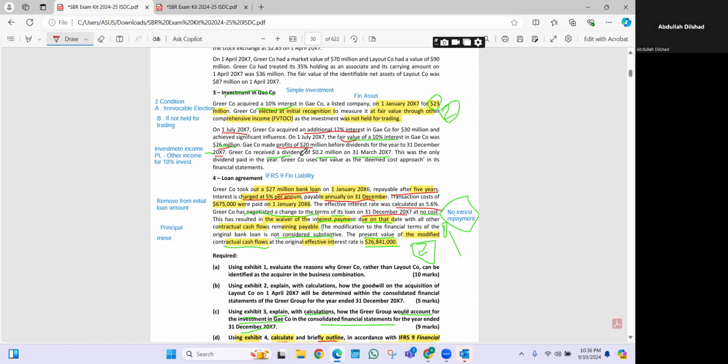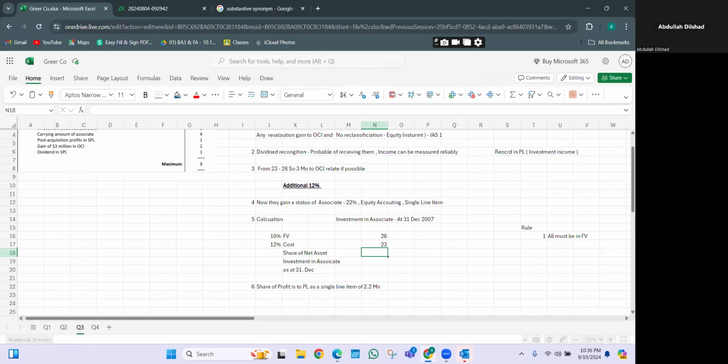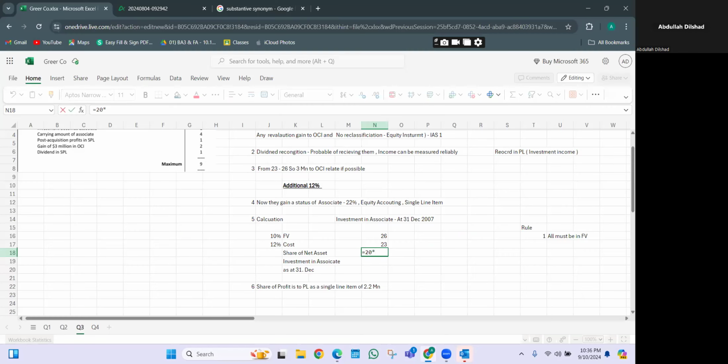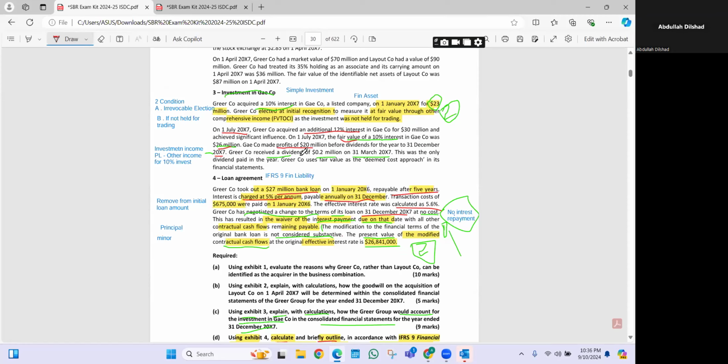So how much share am I going to get? Geico has made 20 million profits, and I invested 22%. Be careful, it's a mid-year acquisition.